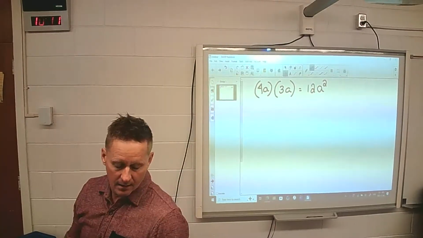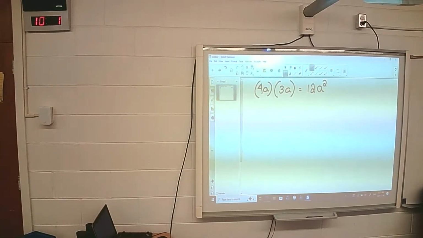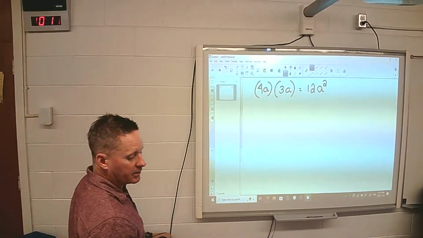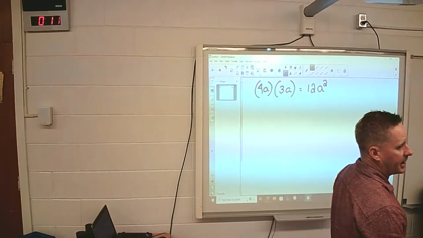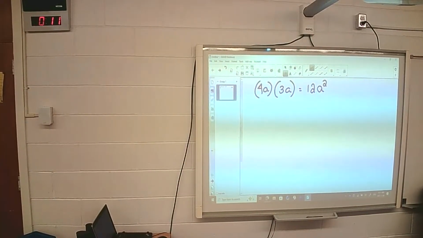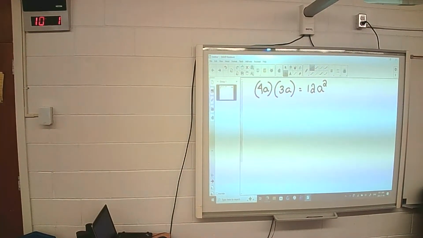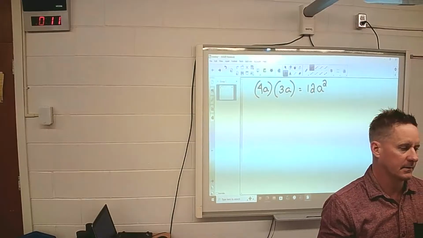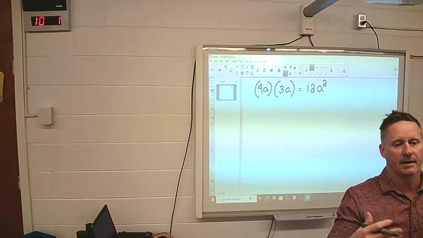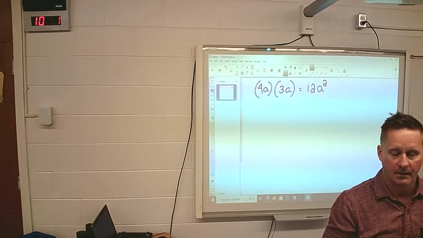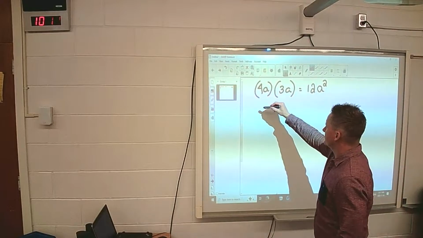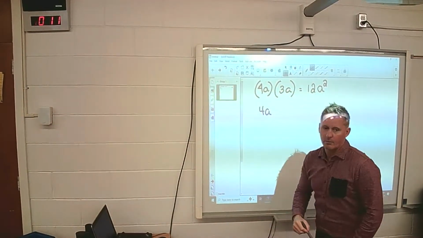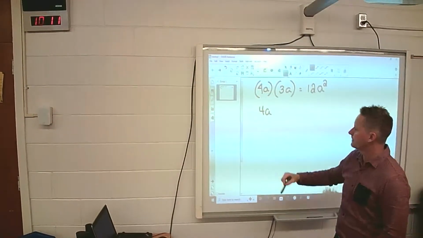So today, our focus is on multiplying polynomials. Now, a polynomial is simply not an equation, but an expression that has more than one value in it. It's usually separated by an add or a subtract sign. Each of these would be called a monomial because there's only one term.